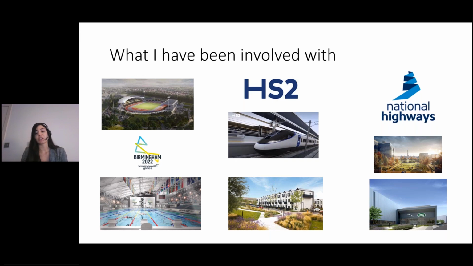I was involved in residential buildings, factories for car manufacturers such as JLR and Daimler, and university projects for the development of universities, such as the Green Heart project at the University of Birmingham. And as a project manager, I have been involved with High Speed 2. And now with Mod McDonald, I'm working on National Highways as a project manager and within the operations team for the renewal and maintenance of roads in the east of the UK.